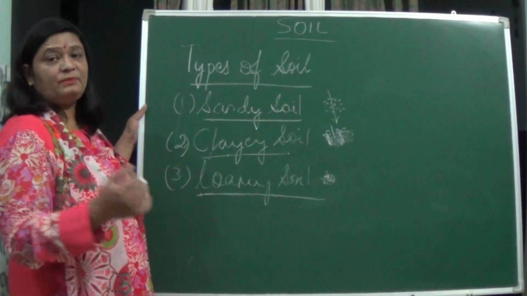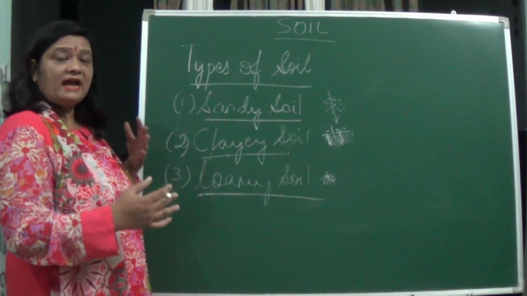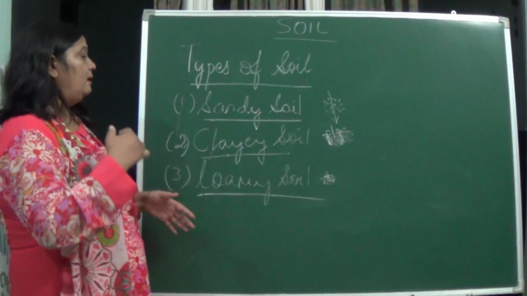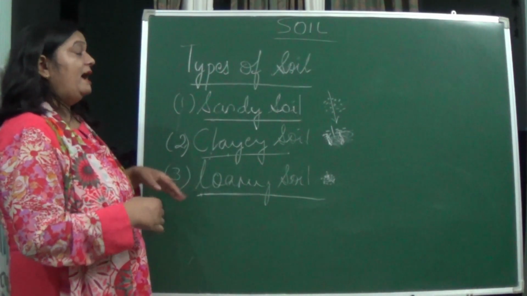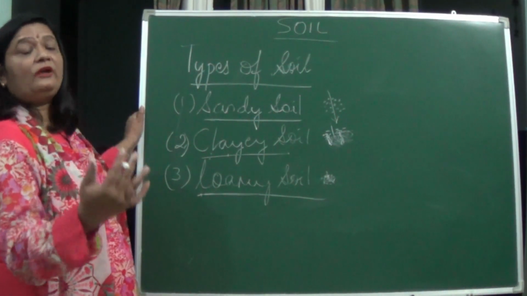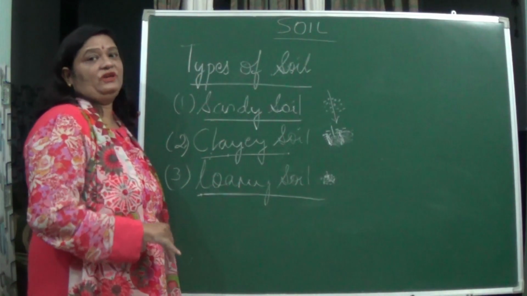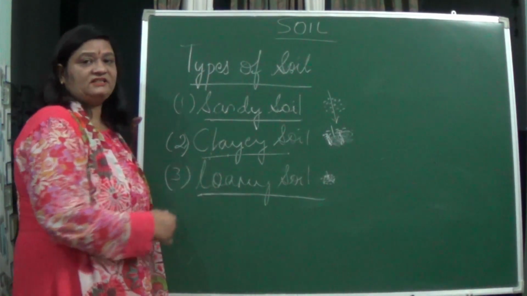There are places in India which consist of a mixture of sandy and clay soil, loamy soil and clay soil, or loamy soil and sandy soil, and accordingly the plants grow in that. Specific plants need specific types of soil, which we are studying right now in the next section.